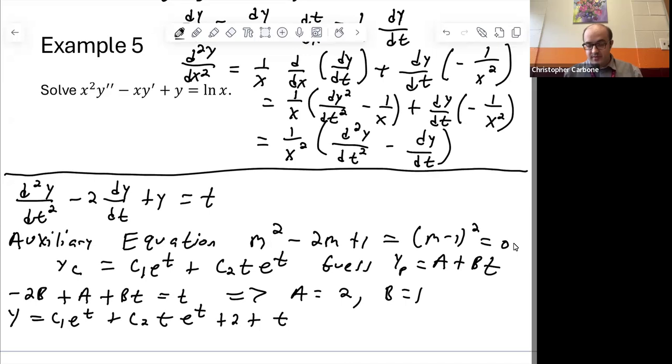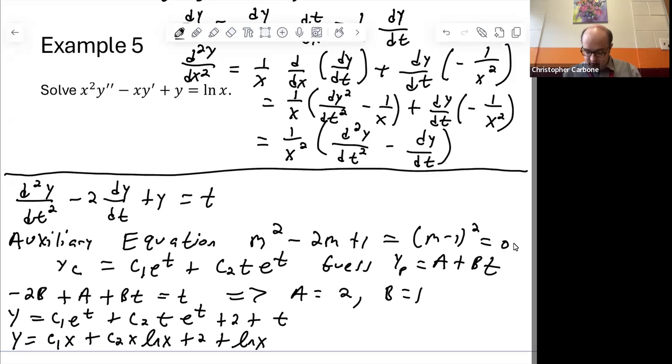But we had a substitution to begin with, right? So reapplying that substitution would give us our complete equation back in a variable involving x. This would be c sub 1 times x plus c sub 2 times x times the natural log of x plus 2 plus the natural log of x.